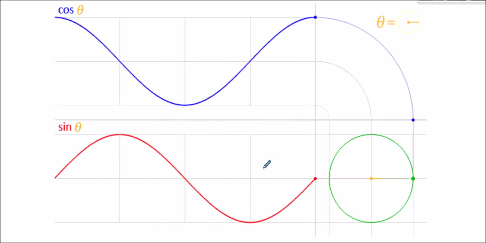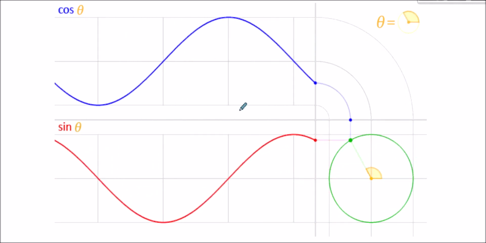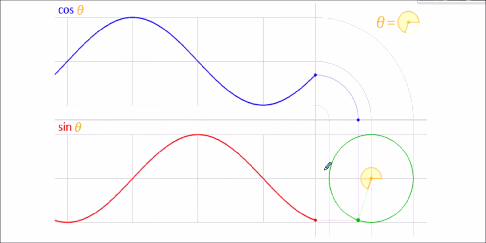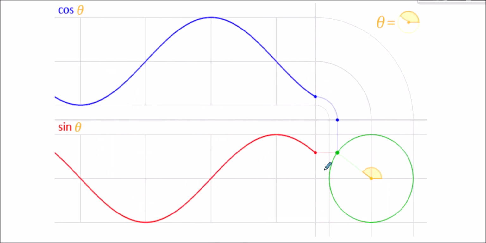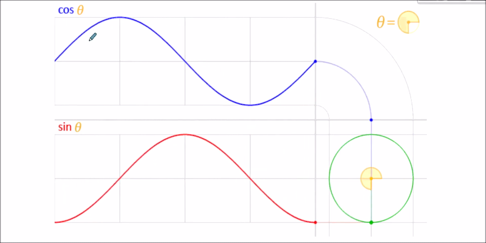So it might be worth pausing the video at different points and just seeing this for yourself. You don't need to remember this diagram, but it's a nice illustration, albeit perhaps too complicated. But I thought it was worth chucking in here nonetheless. So there you go.